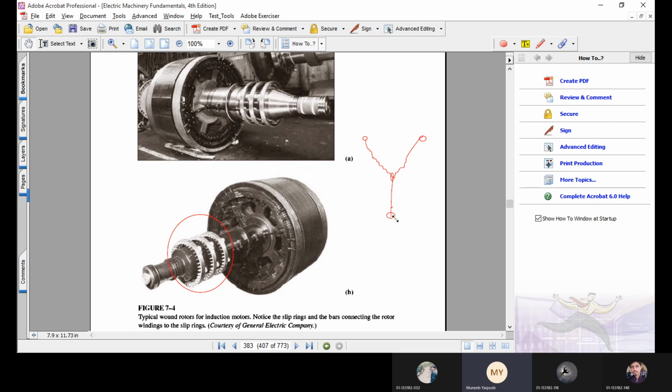We need flexible machines that can operate at a higher speed, a moderate speed, or a lower speed. So for those applications where we need variable speeds, we use wound rotor induction motors.